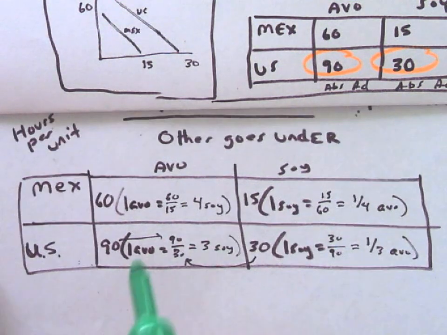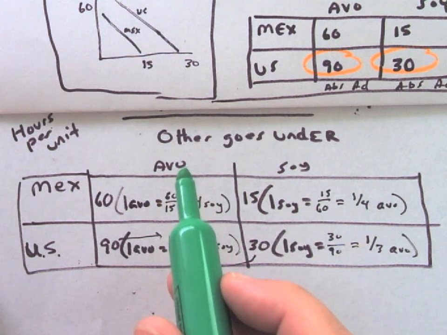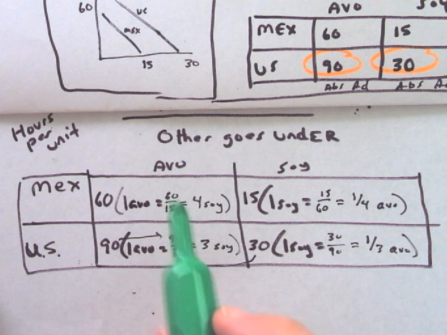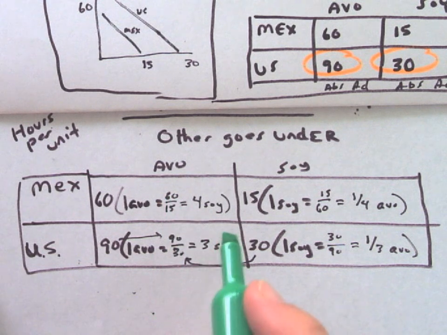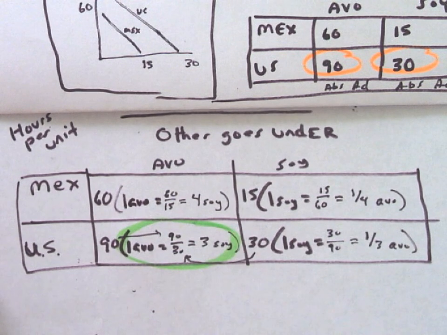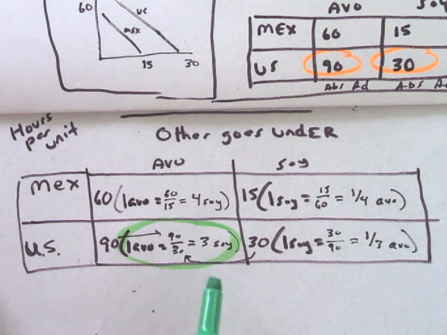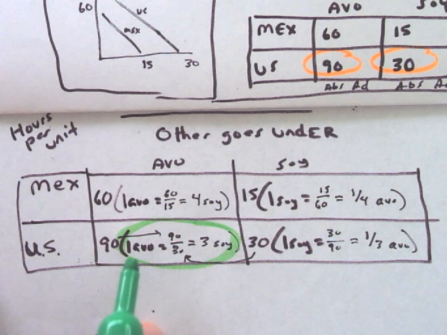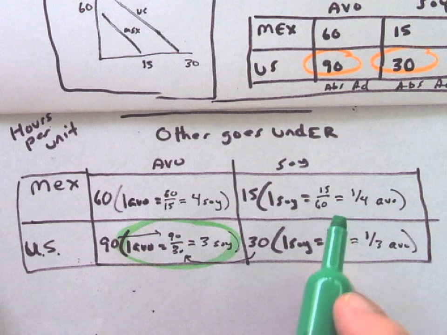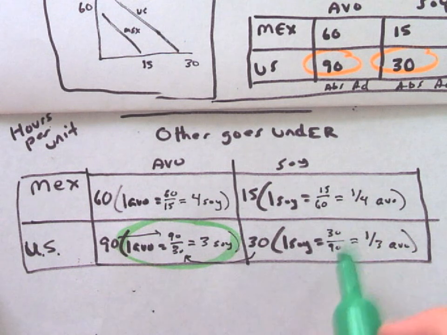In this scenario, or this PPC, I'm going to see now for the cost of avocado in terms of soybeans with per unit hours, I see that now the United States is more efficient because 3 is lower. So the United States is going to have comparative advantage in the production of avocado because their opportunity cost is lower. Mexico is actually going to have a better per unit output cost than the United States.